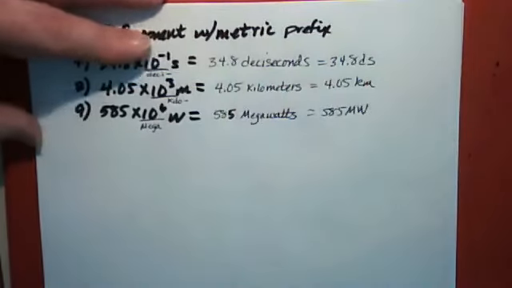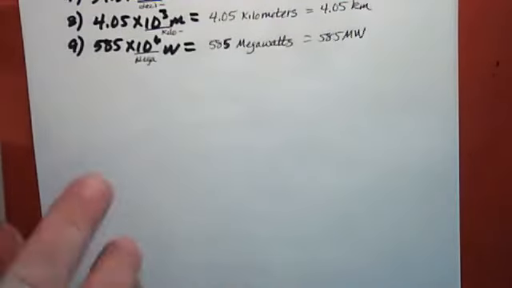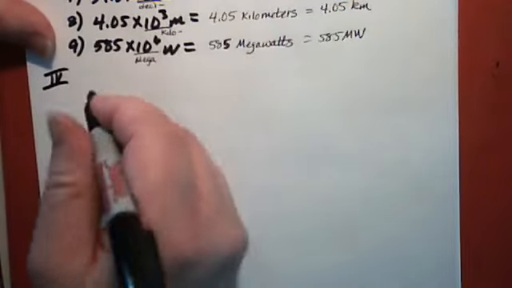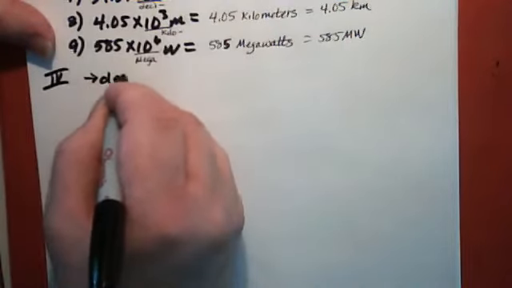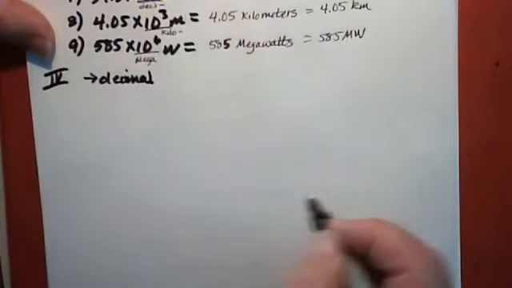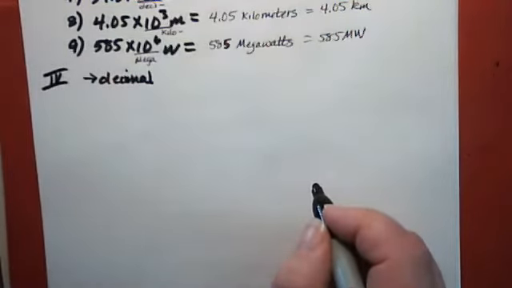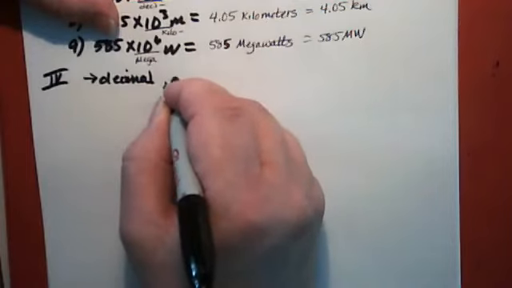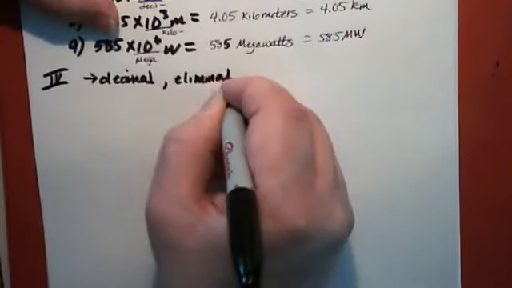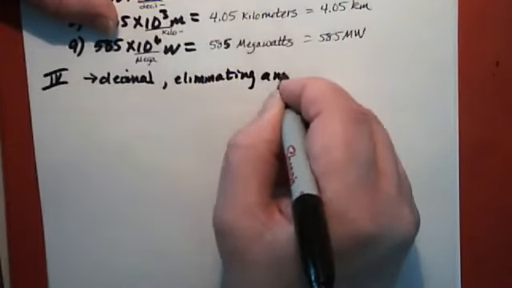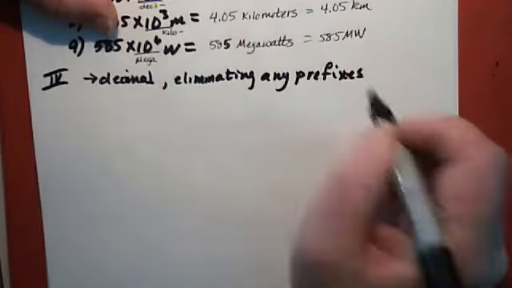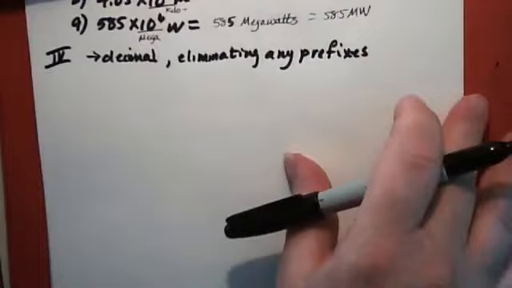Okay, so far so good, hopefully. And for part 4, we're supposed to convert to decimal form, eliminating any metric prefixes along the way.